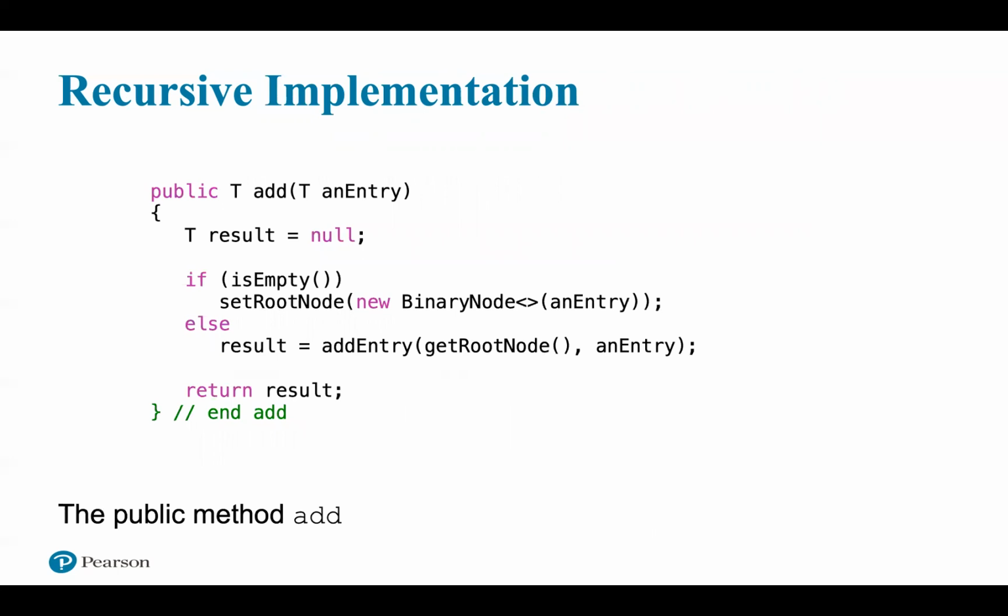The public method add not only invokes the recursive addEntry, it ensures that the tree it passes to addEntry is not empty. Accordingly, add deals with empty trees itself. The following implementation of add adheres to the algorithm given in segment 26.14. Note the use of the protected methods setRootNode and getRootNode that are inherited from BinaryTree.